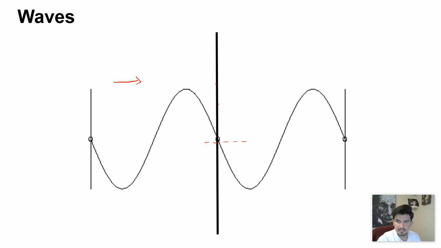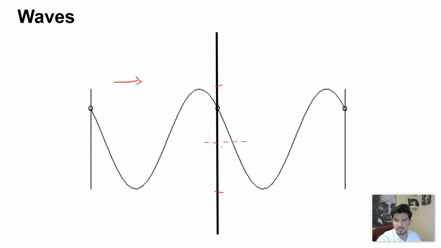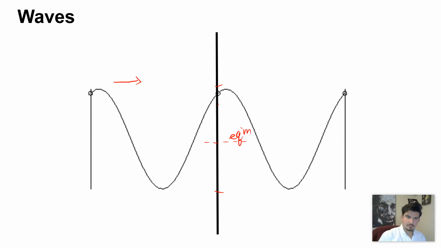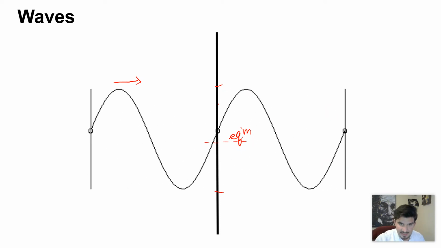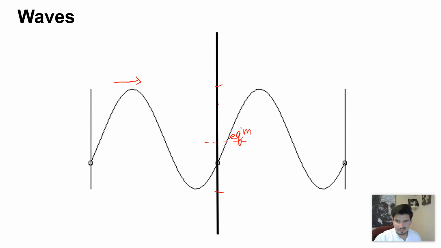So it goes up to a maximum point, then it goes down to its minimum point, and so the equilibrium point is right here in the middle. So in all of these cases, you have an object that is moving back and forth through an equilibrium point, which is the definition of periodic, simple harmonic, or oscillating motion.